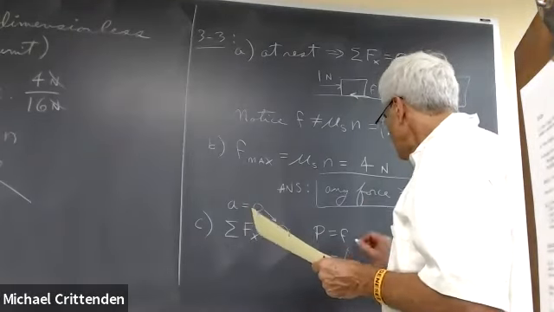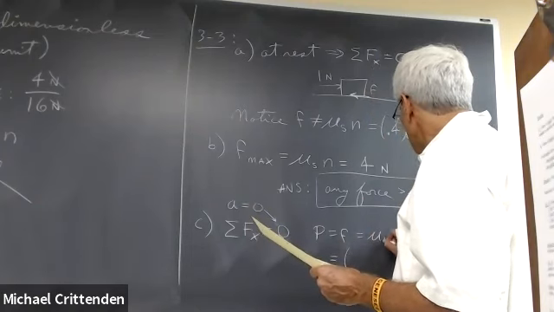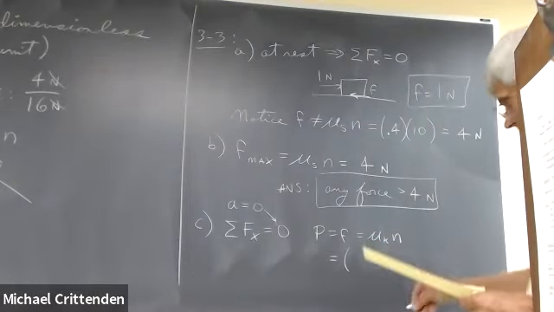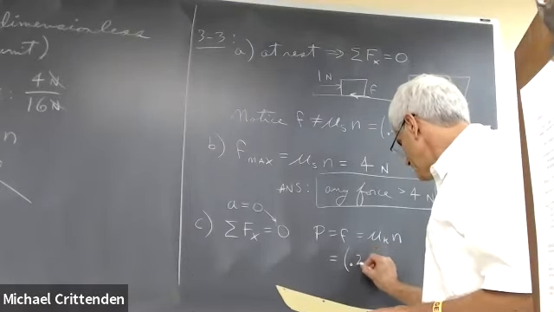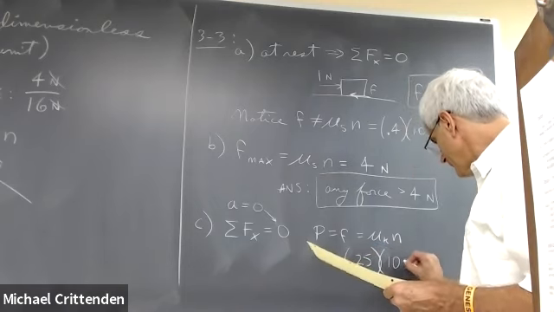I think I should write this down. Kinetic friction is mu k times n. Kinetic coefficient was given in the question.